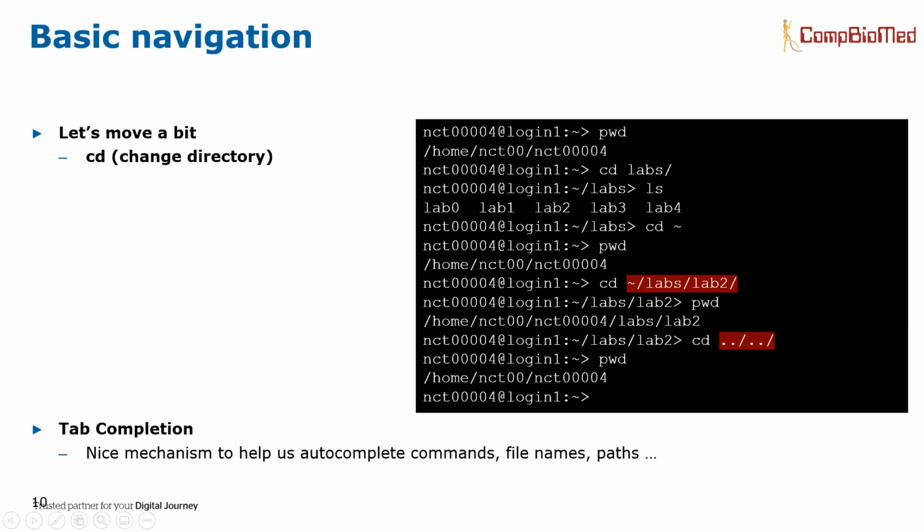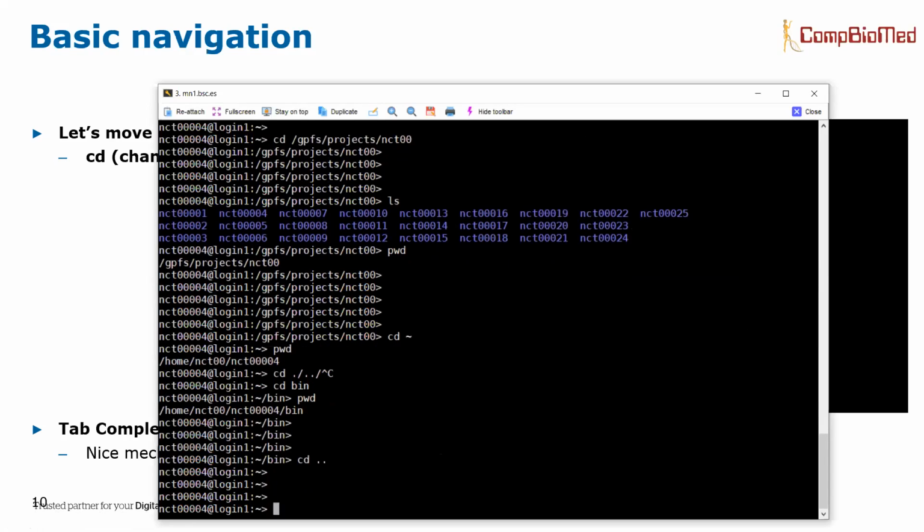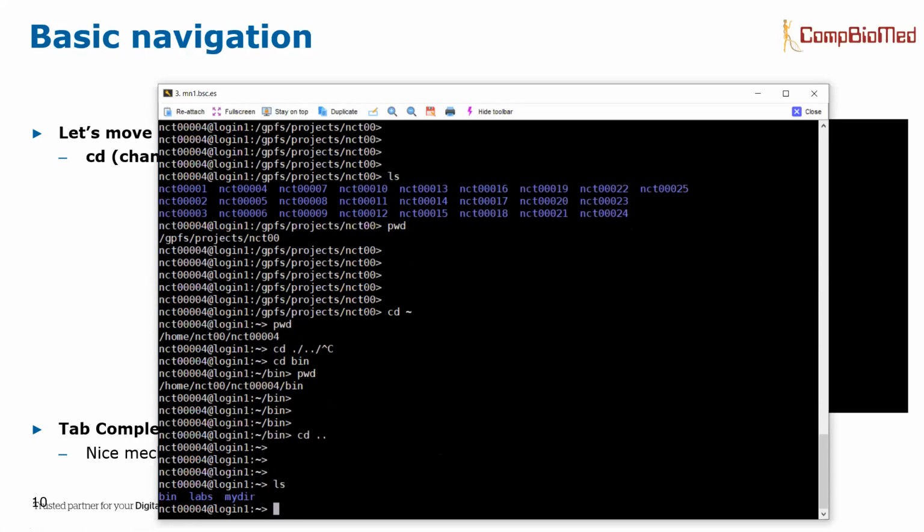This is how you will be able to navigate through a Linux file system. So when I do ls and I have directories, I can move into a directory by doing cd space bin.